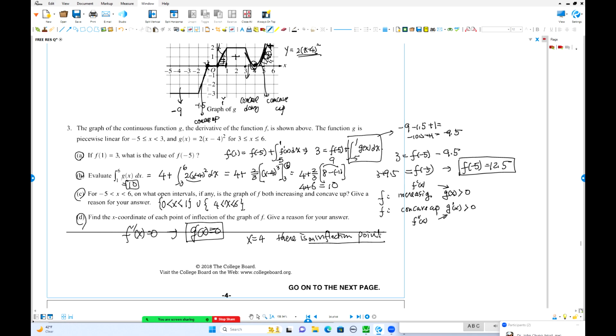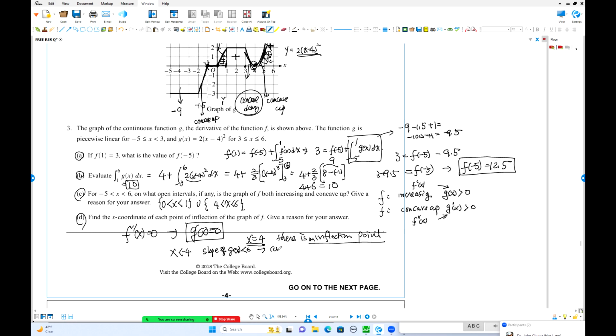The reason is what? You can explain this one, okay? Before 4, the slope of this line is negative. That is concave down. Okay? So when x is less than 4, the slope of the line is negative.